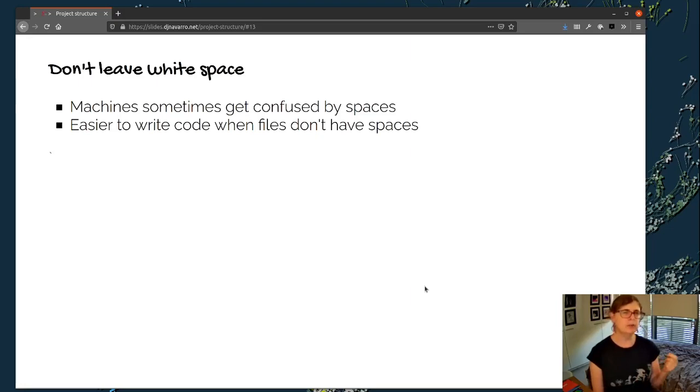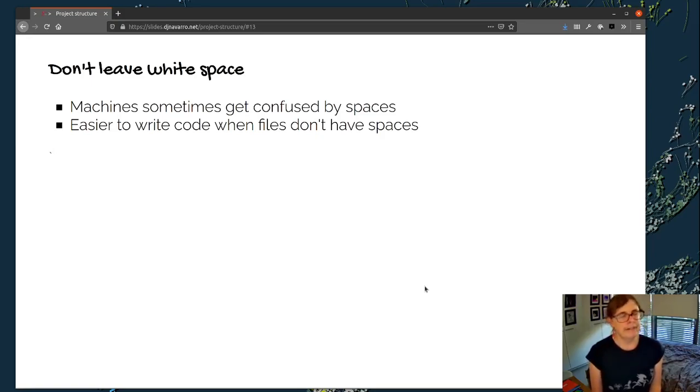The reason for this is that there are cases where computers don't parse blocks of text the way that you want them to. So in a programming language, it is sometimes the case that when you have a space between 2 words, this has meaning in that programming language, right? So if everything in the underlying code that's being used to work with your files is structured nicely, it won't matter that there are spaces.